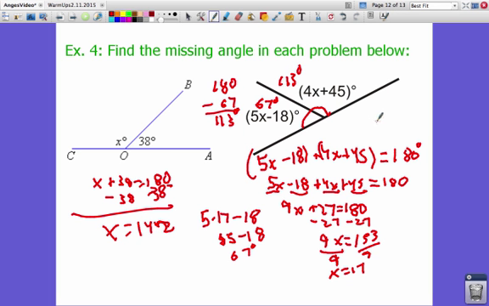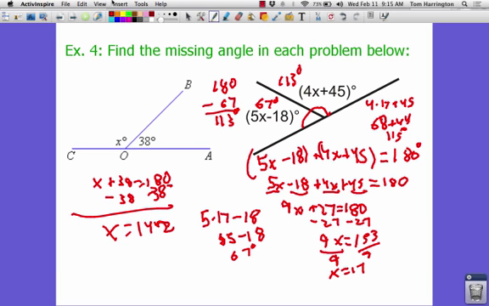I could also work it out: 4 times 17 is 68, and 68 plus 45 is 113 degrees. So all I need to do is add these two things together to 180, figure out what x is, then plug x into each one of these to find my missing angles.